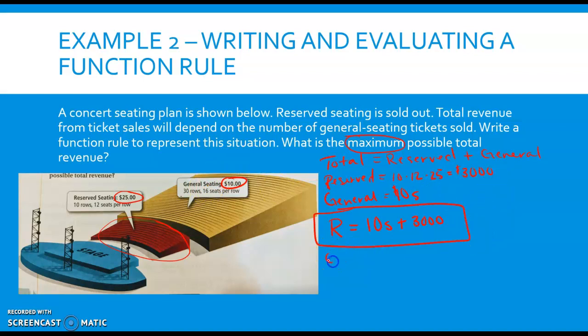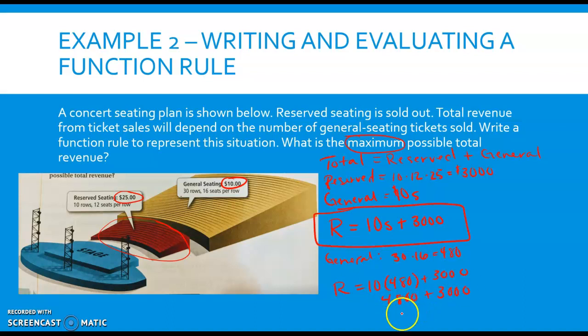And so general seating has 30 rows at 16 per row. So that 30 times 16 is 480. So that's what we're going to put in for S. So we're going to do the fact that revenue equals 10 times 480 plus 3,000. 480 times 10 is 4,800 plus 3,000.